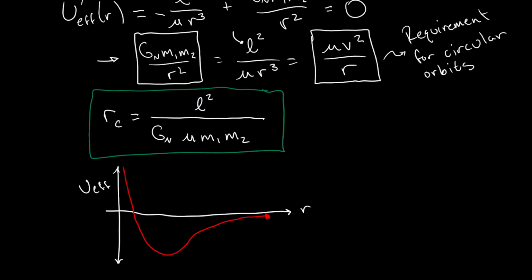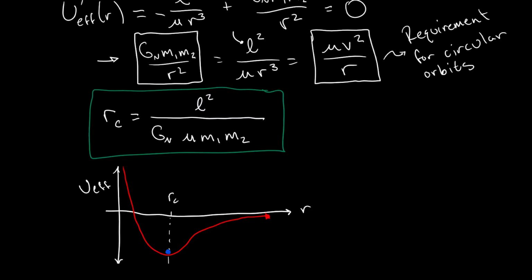And I can place a ball on this hill, and how the ball would roll up and down the hill is just how the system evolves in this potential energy. So in particular, you see that if I drop a ball, I'll make the ball a different color, if I just drop a ball at the minimum point here, which of course is R sub c, it's never going to move.